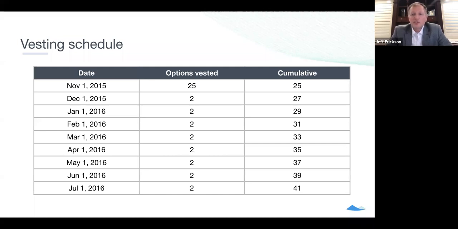Once they hit that first year, if it's a 4-year vesting period, then they would get 25% of their shares or options at that 1-year mark. And then they would vest monthly, for example, over the next 3 years. So hopefully you get an idea of vesting and where you might use that and how that's applicable.